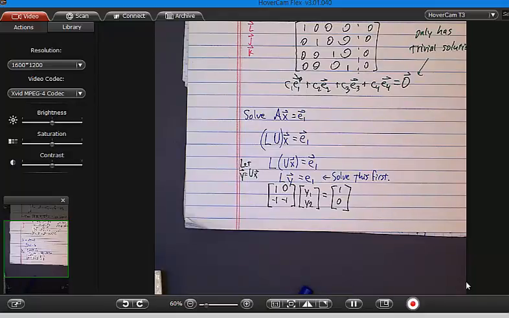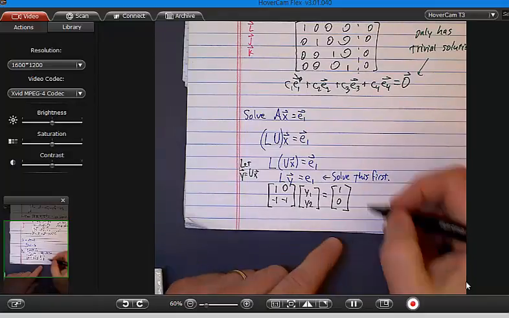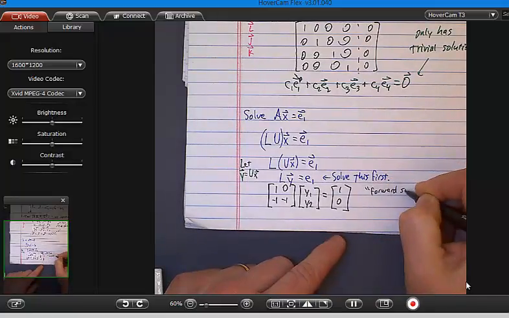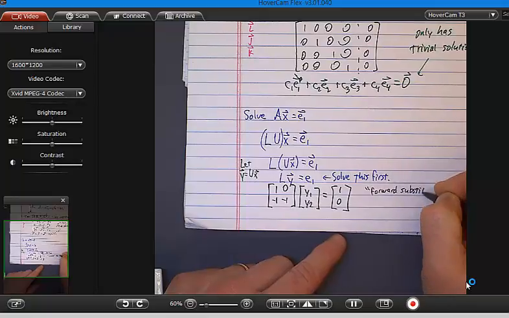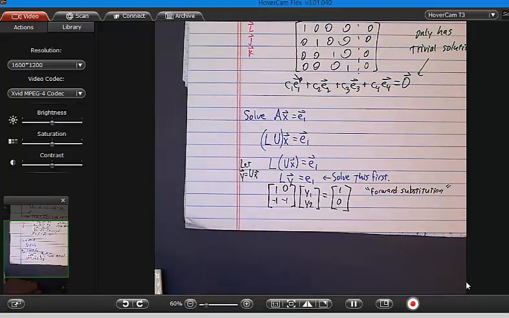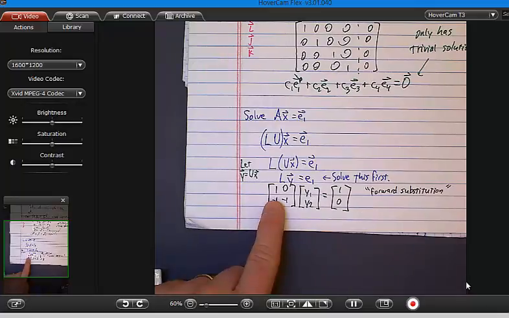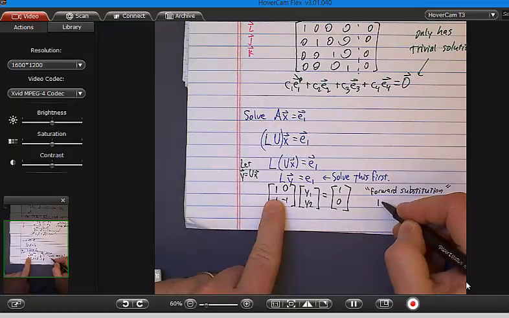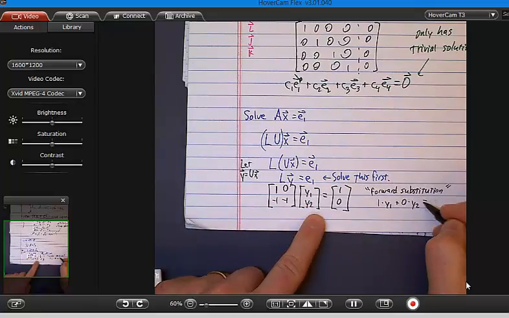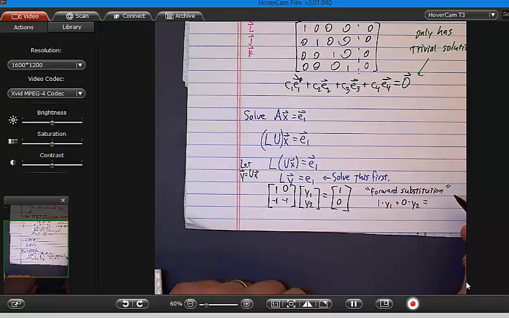But here's what's really cool, is you can use what the book calls forward substitution. That's the opposite of back substitution. When you have an L matrix, look at the first equation. The first equation says 1 times y1 plus 0 times y2 is equal to 1.